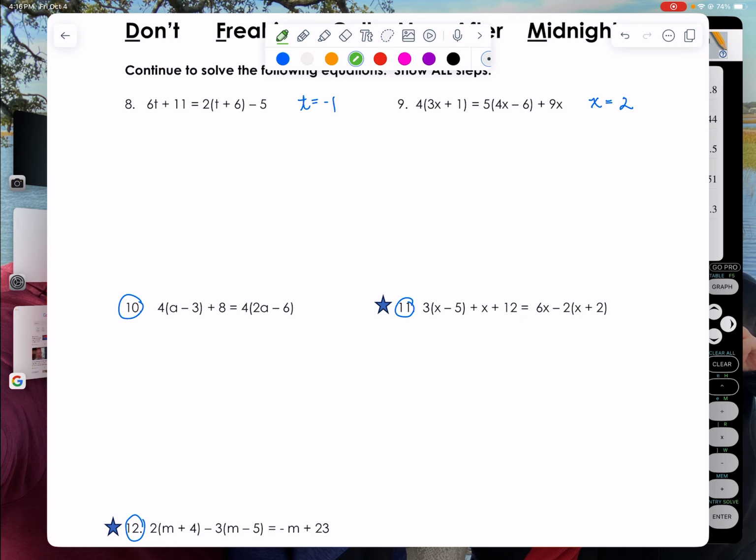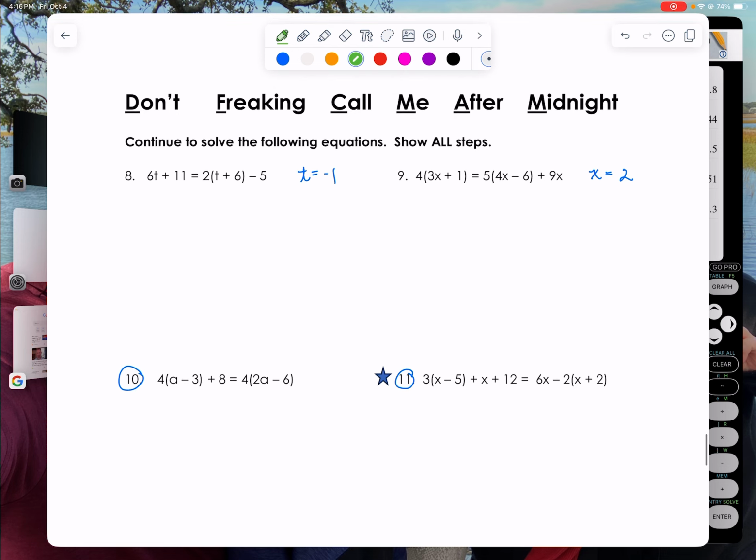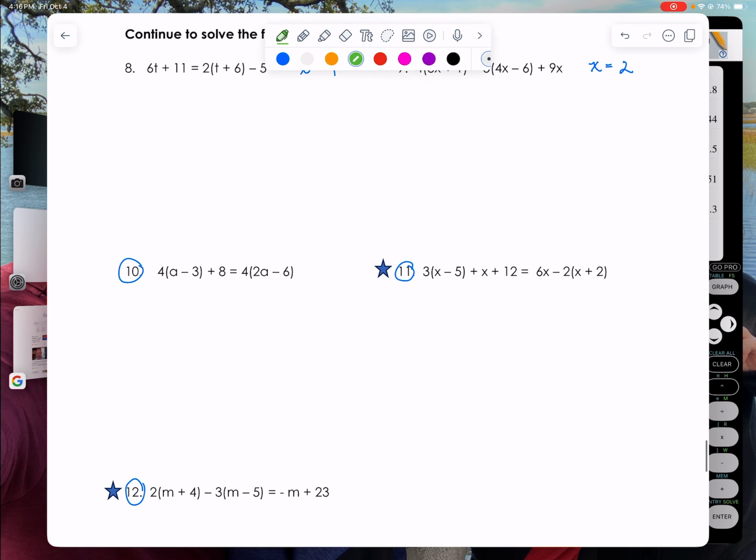All right, so the first one I'm going to work is number 10. I'm going to go ahead and distribute. I've got 4 times the quantity a minus 3 plus 8 equals 4 times quantity 2a minus 6. So first thing I'm going to do is don't, right? Don't, which is don't freaking call me after midnight. So I'm going to do my distributing.